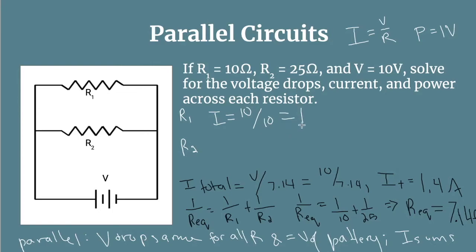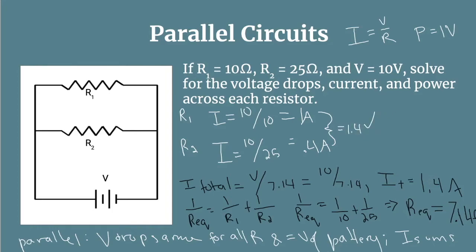So we get 1 in the top branch. Then for R2, we have I equals the voltage, which is again constant, over the resistance in R2, which is 25. So we get 0.4. And we can find that these are equal to 1.4.